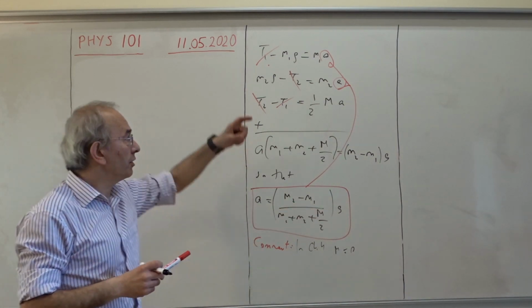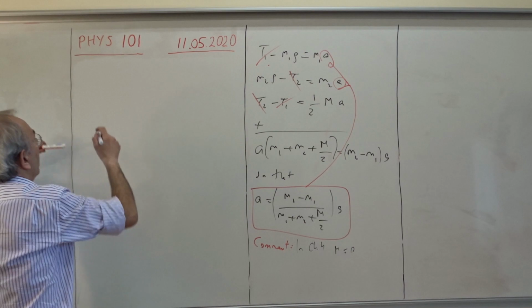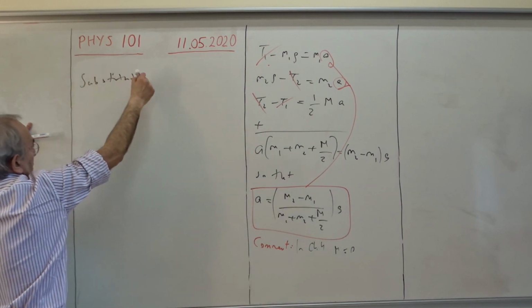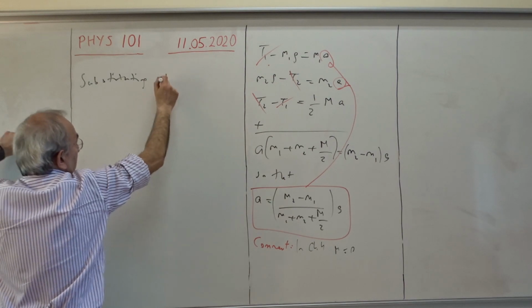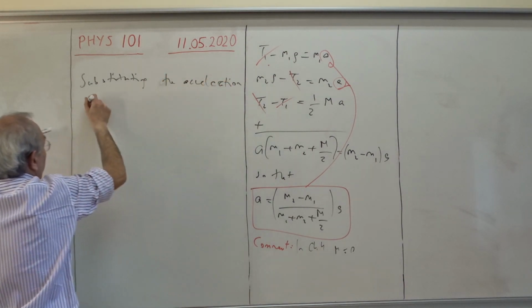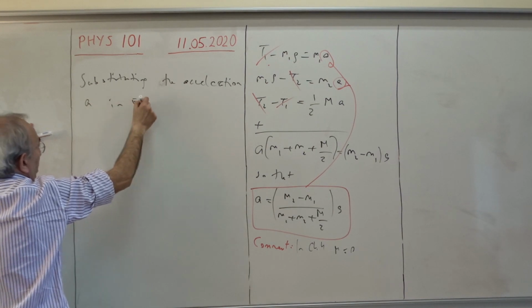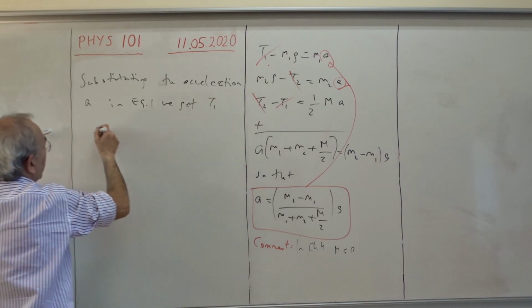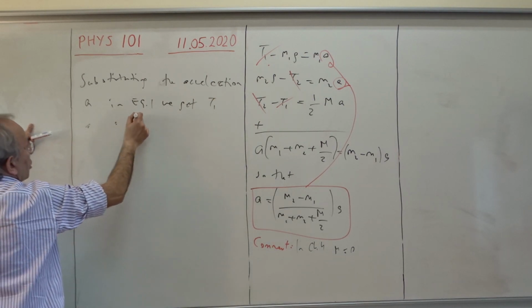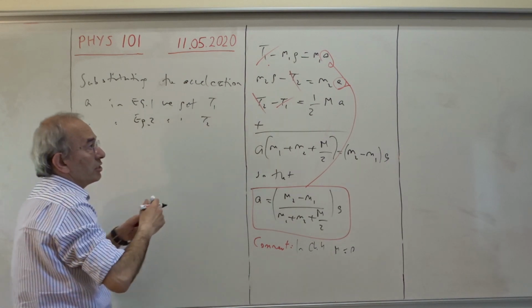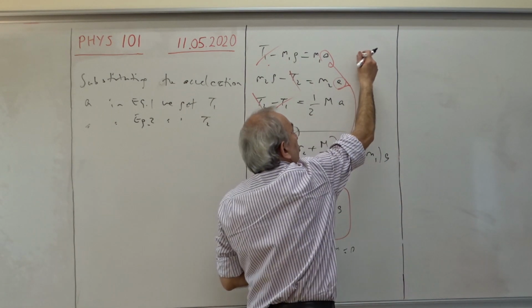Substituting the acceleration A in equation 1, we get T1. In equation 2, we get T2. Equations 1 and 2 are these two steps.